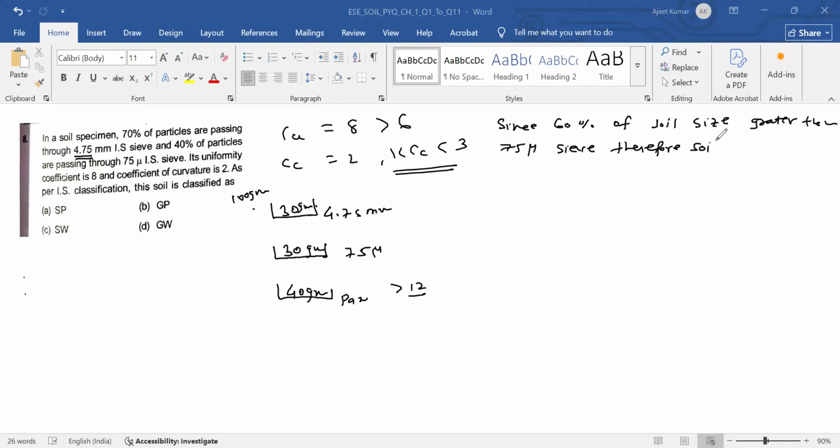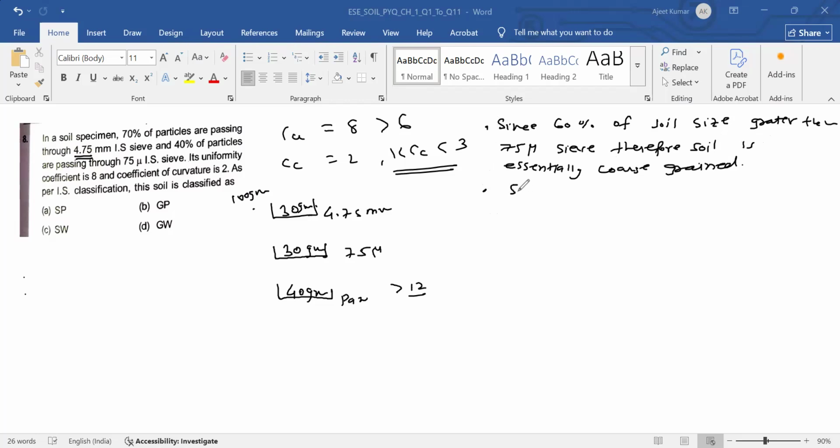Therefore, soil is essentially coarse grained.